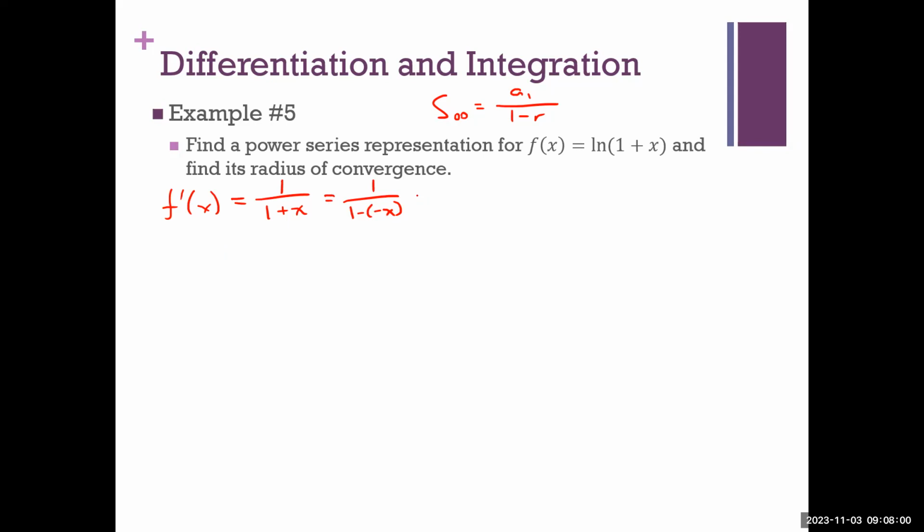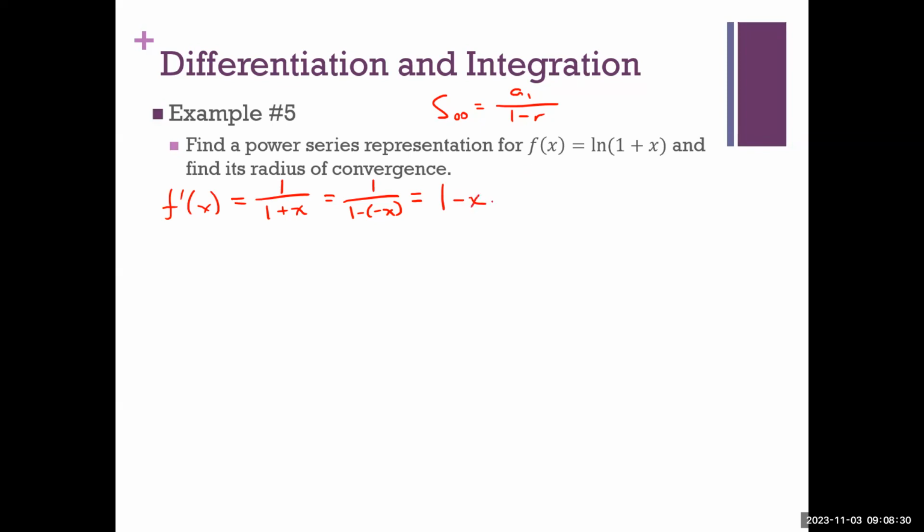If I represent it that way, that should look like our geometric series sum, right? What's the first term of this thing? 1. What's the second term? What's the common ratio of this? Negative x. So what does the second term have to be?